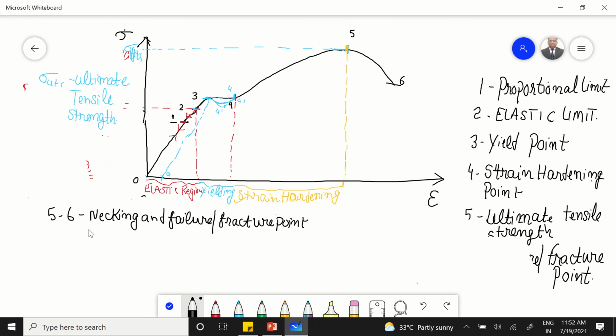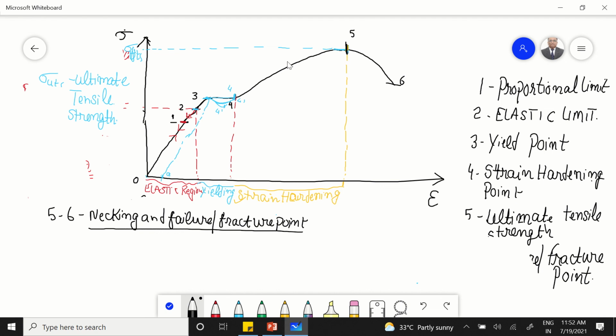Now see what happens in this region. As we have already seen in the strain hardening region, the material has already taken the maximum load, or it has reached its maximum capacity.